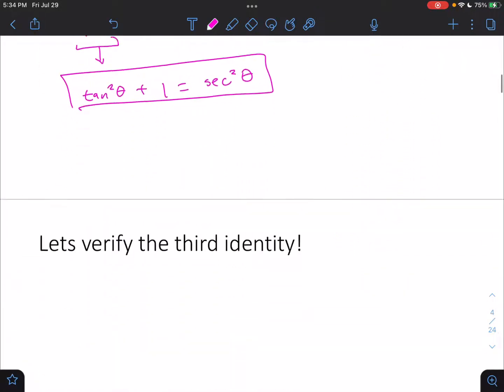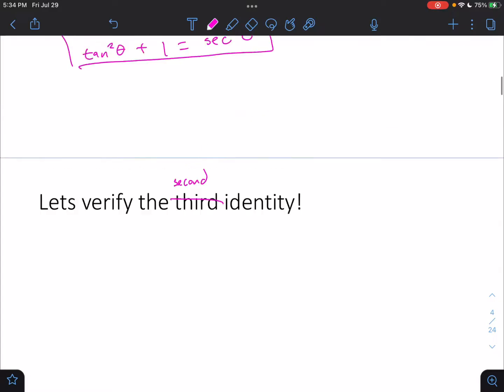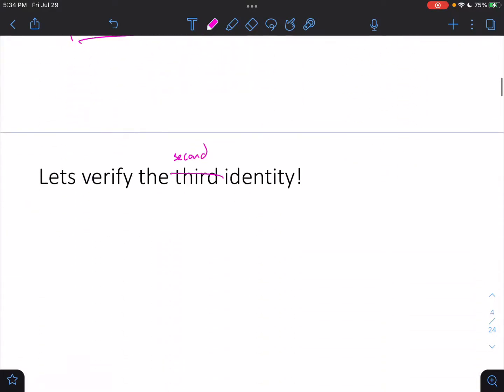And now we're going to derive the second identity. Here we divided by cosine, so we're going to do it the other way. So sine squared theta plus cosine squared theta is equal to 1. We're going to divide everything by sine squared this time. And sine squared over sine squared turns into 1, plus cosine squared over sine squared, we're going to see that later.